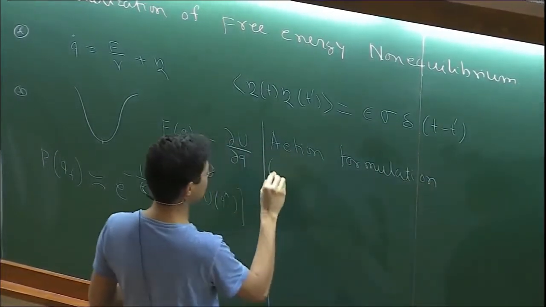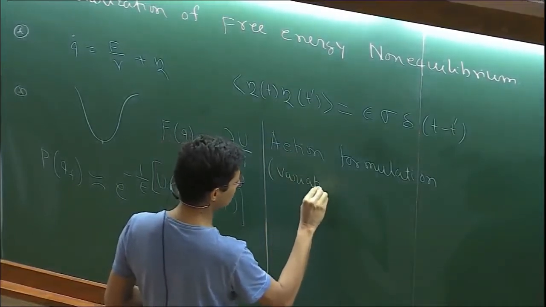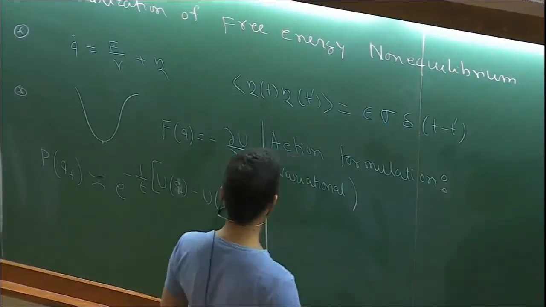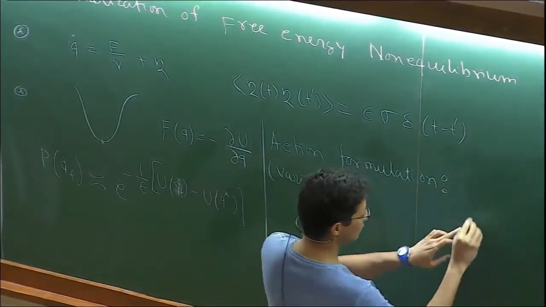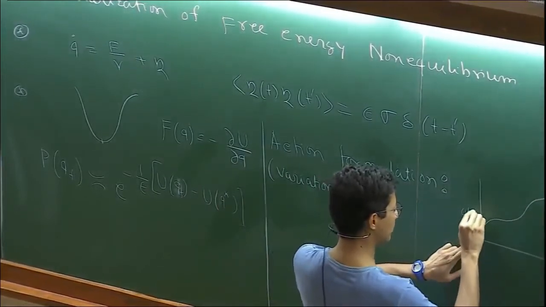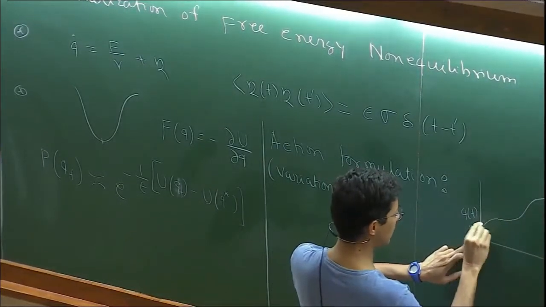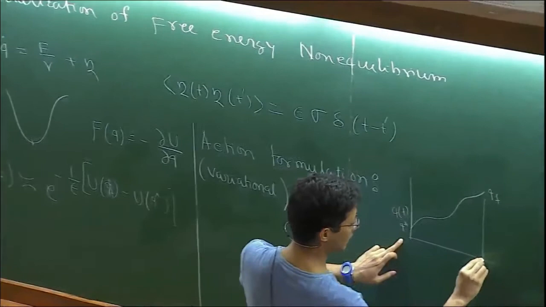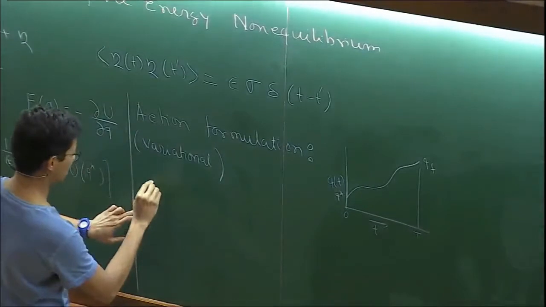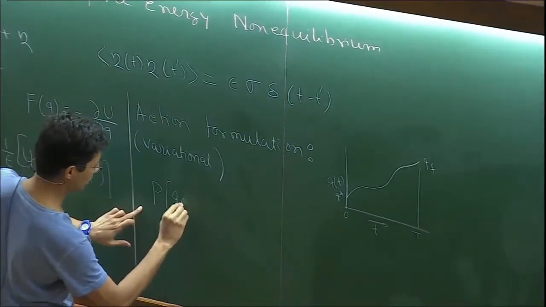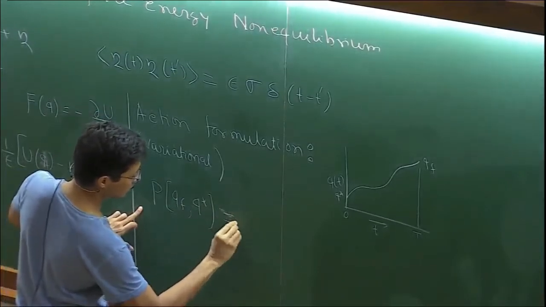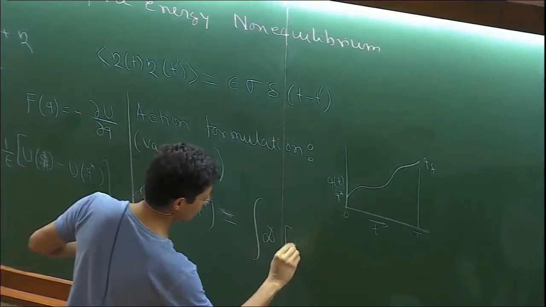Or rather, you'd call this a variational formulation, where the main idea was that if I look at the evolution of the trajectory, q with time, starting at q star and going to qf in a time from 0 to t, then there is a path integral formulation where this probability of qf given q star could be written as a path integral over two variables.